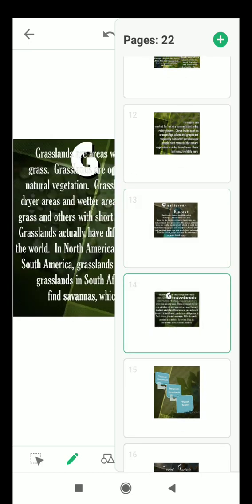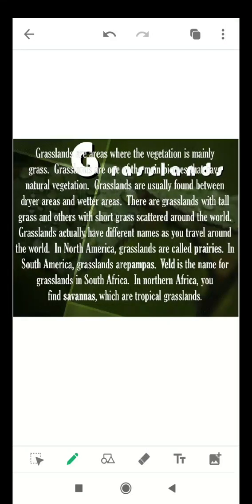Then next we have grassland. Grasslands are areas where vegetation is dominated by a continuous cover of grass. Grasslands are considered a transitional biome, as they are usually found between the desert and forest in both temperate and tropical regions of the world.